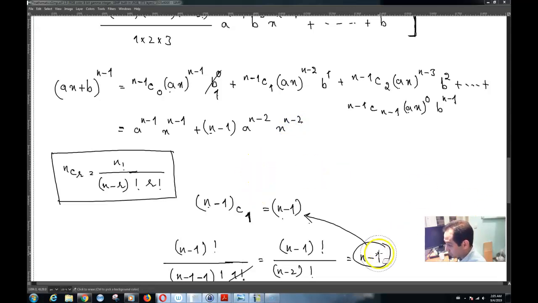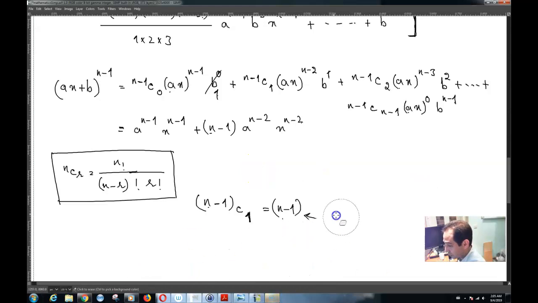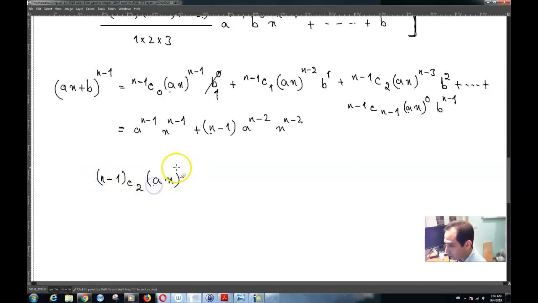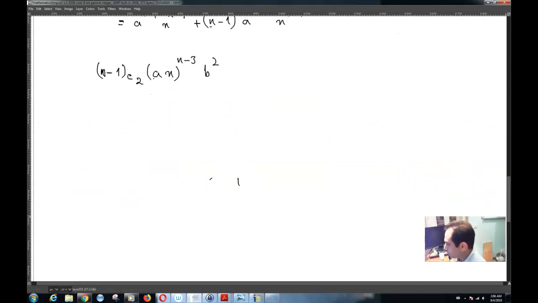Now the next thing that we have here is n minus 1 combination 2, for example, and this whole thing over here. So you have n minus 1 combination 2 times ax whole raised to the power n minus 3, b raised to the power 2.